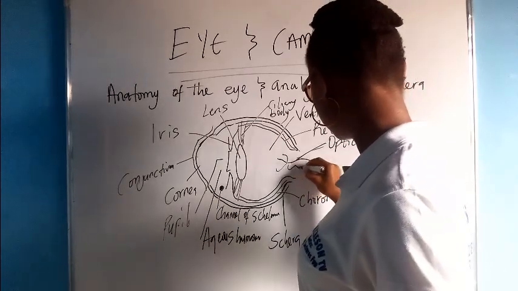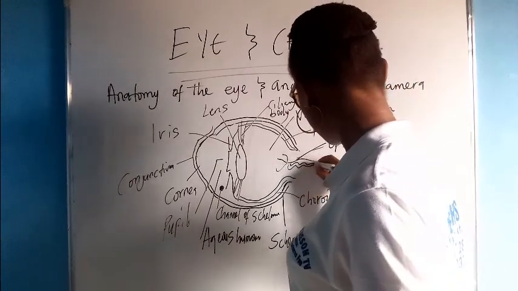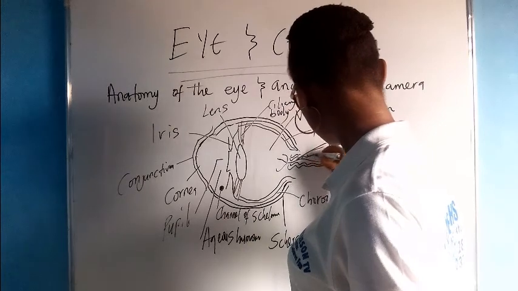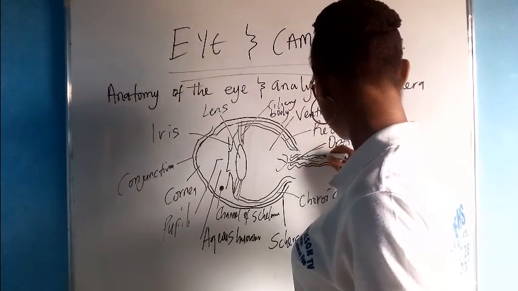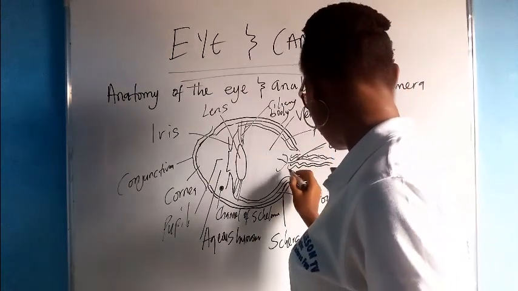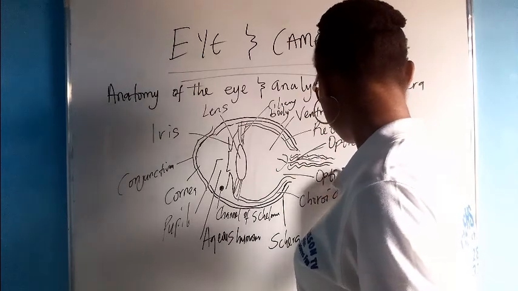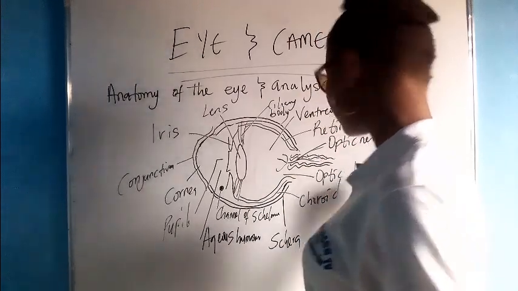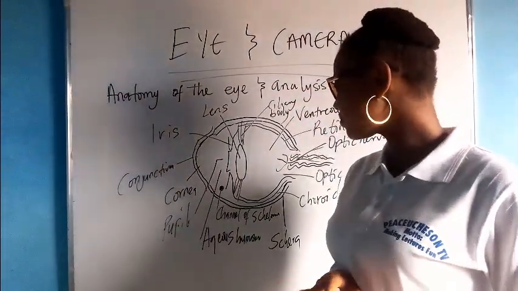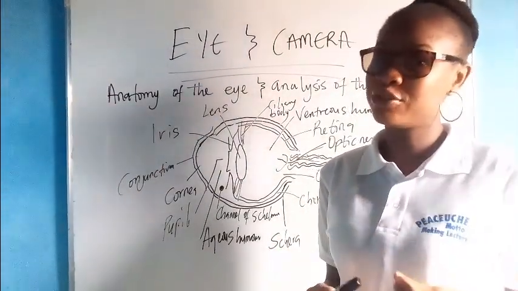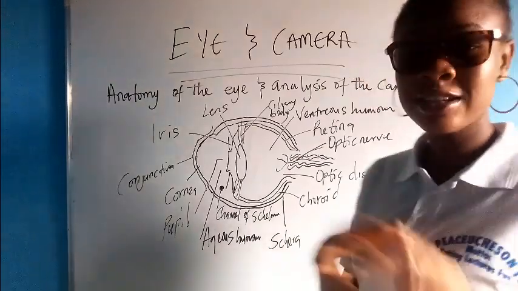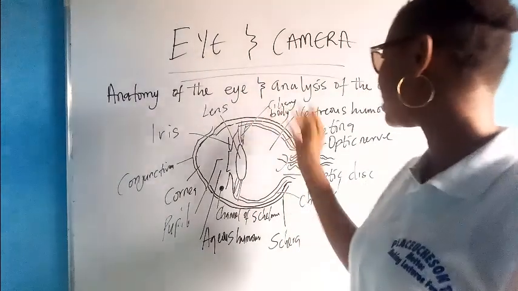So the blood vessels also come into the eye as well, alongside, and this point is called the optic disc. See, it's not difficult. Okay, so if you find it pretty difficult, you can just pause and replay. Trust me, it's easy. Okay, so I'll just go through it quickly and then we'll compare it with the camera.